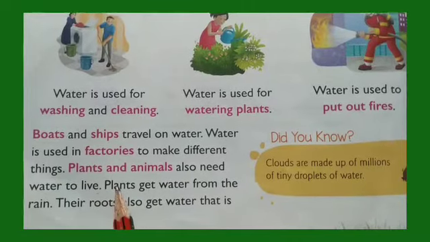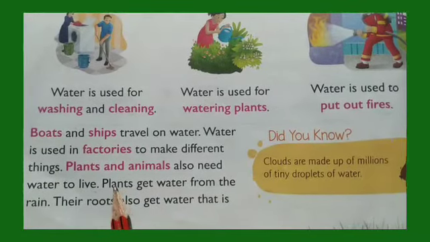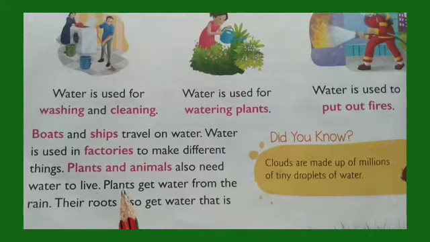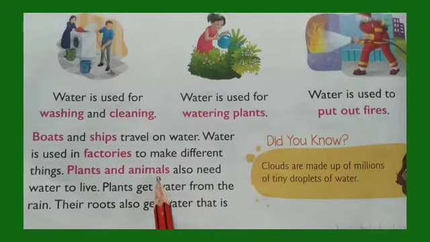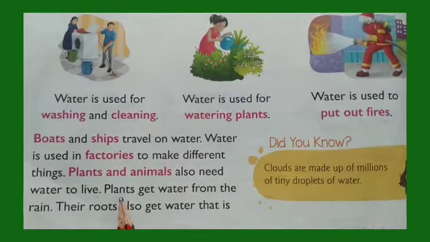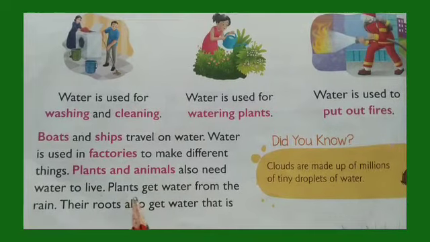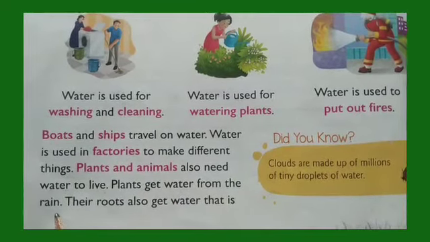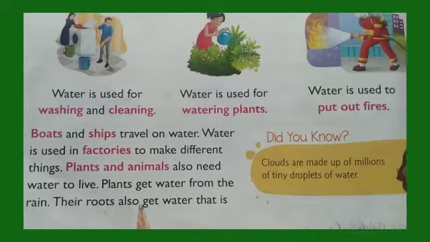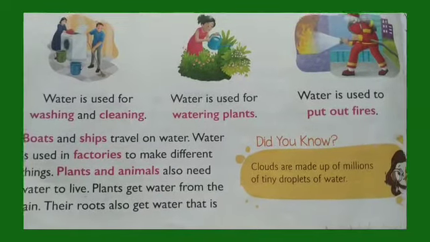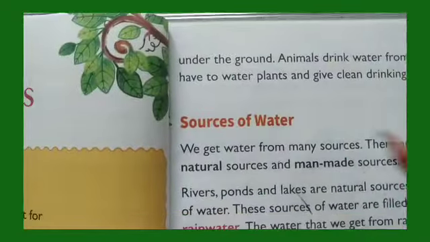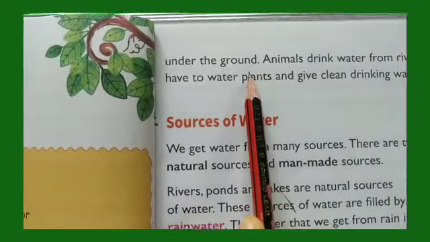Okay, you see fish, can they live without water? No, they need water. Even plants to grow, right? We need to give water. Now, plants get water from the rain and their roots also get water, that is under the ground. Fine.